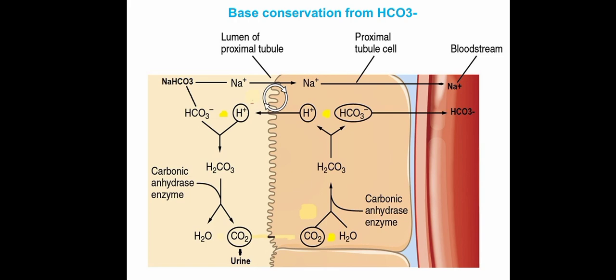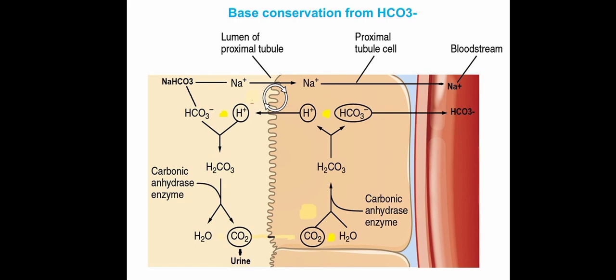These are the cells forming the wall of the tubules. Inside that is the lumen of the tubule. Lumen means the inside of the tubule, through which the urine or fluid is flowing. That lumen is surrounded by the wall of the tubule, which is formed by the cells known as the proximal tubular cells.